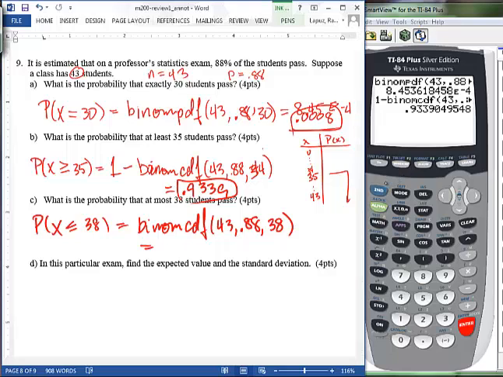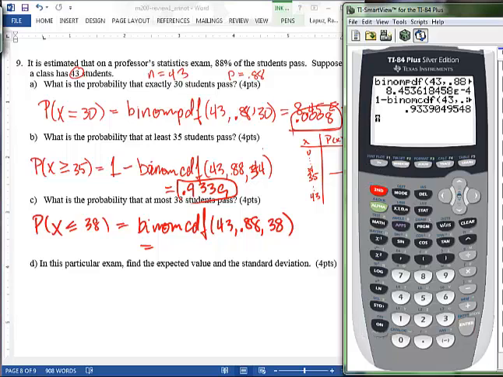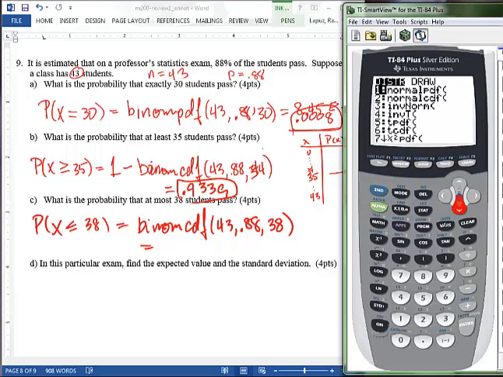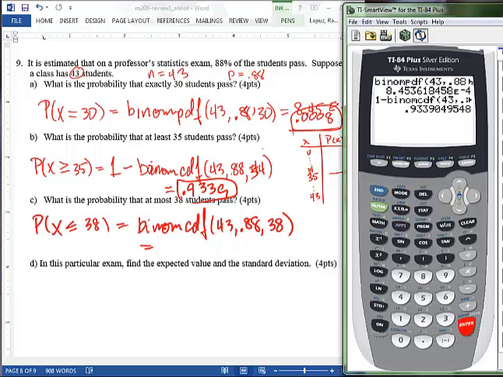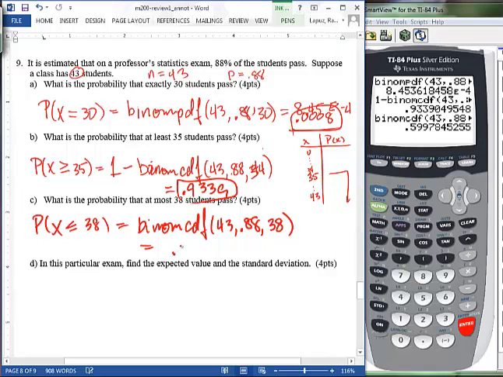So let's figure out what that is. Second function, distribution, and look for the binom CDF. And then we're looking at 43, comma 0.88, comma 38. And I see 0.59978 or 0.5998.